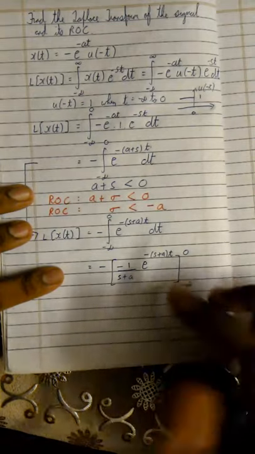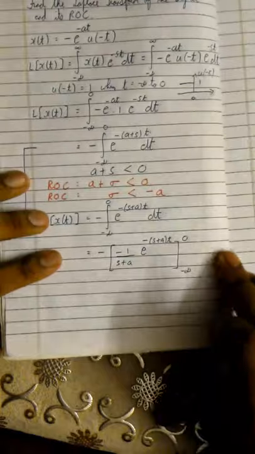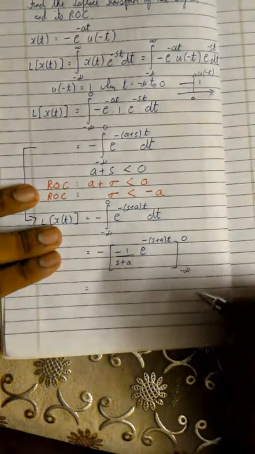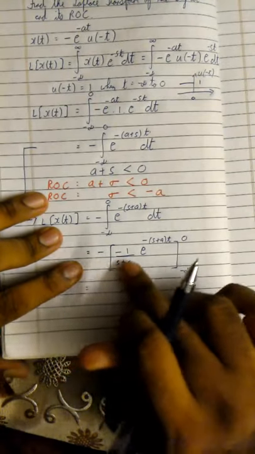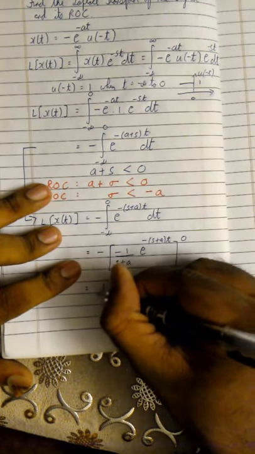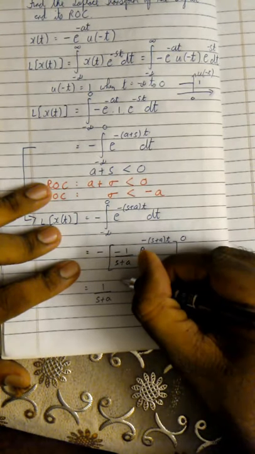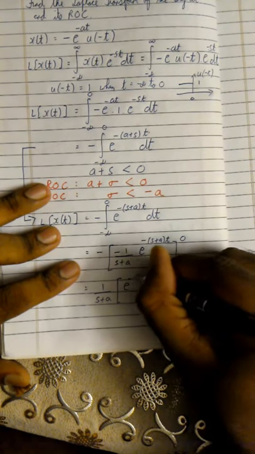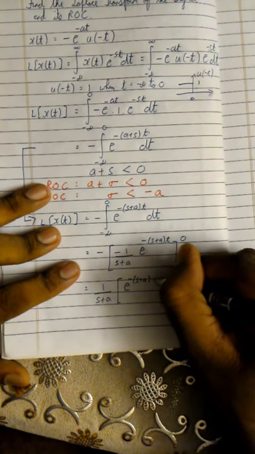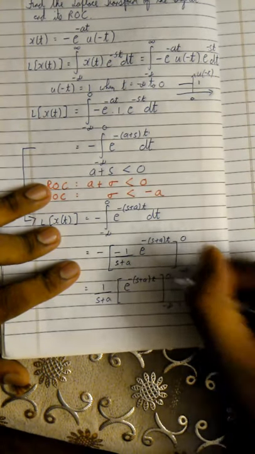Okay. If I want to remove this minus sign over here, this will become a positive value, right? So 1 by s plus a into e raised to minus (s plus a) t from minus infinity to 0.